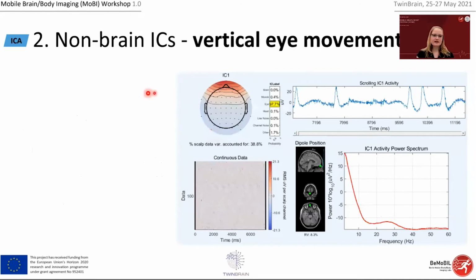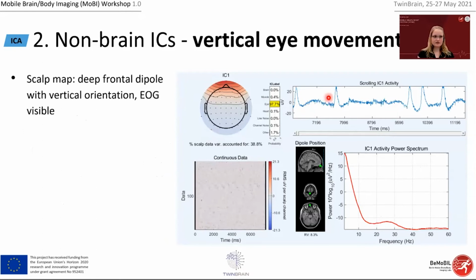And how this looks in an independent component is like that. You can basically see the same pattern that we just saw in the EOG, in the activations. We have a scalp map with very frontal activity that is very high in scale.